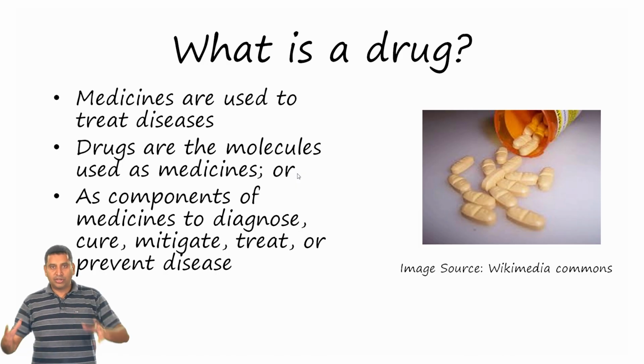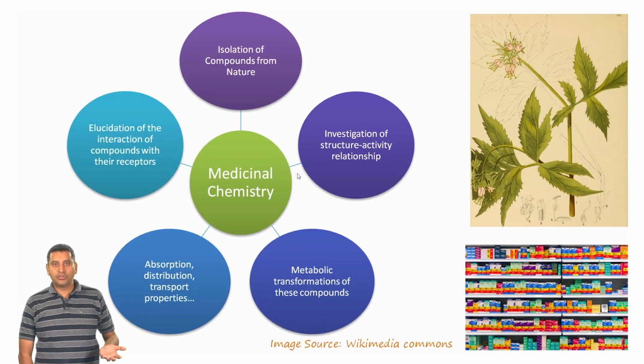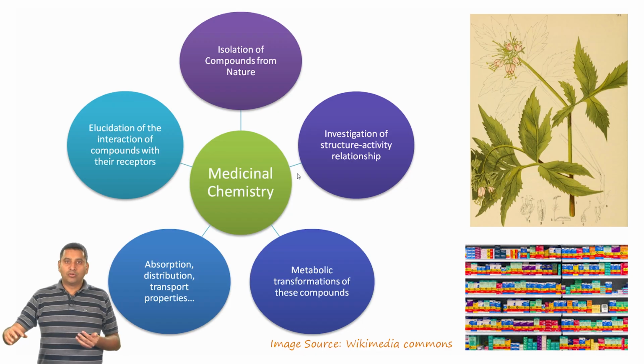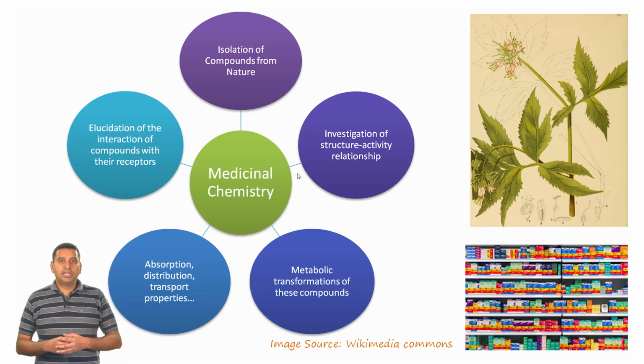So, with this broad definition of a drug, it serves multiple purposes, and the field of medicinal chemistry includes isolation of compounds from nature. As we will see later in this lecture, a lot of drugs or medicines are acquired from nature, so you need to isolate these compounds from natural sources.